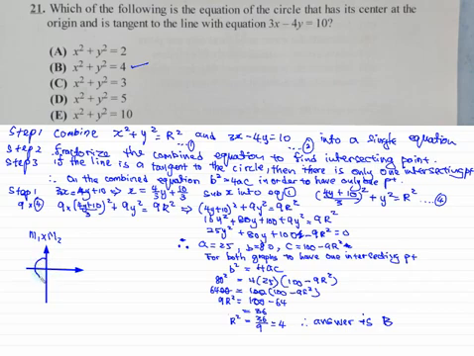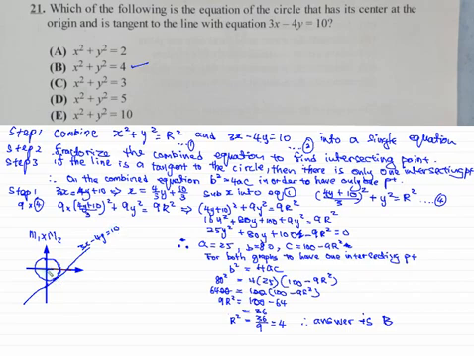If this is the circle, and say this is the line, which is 3x minus 4y equals 10.